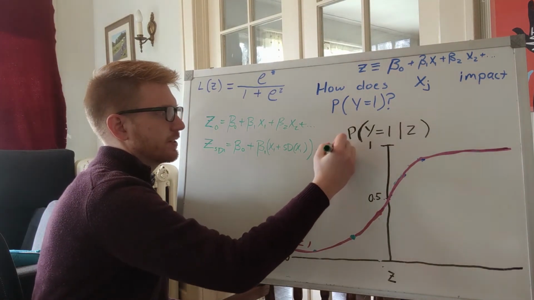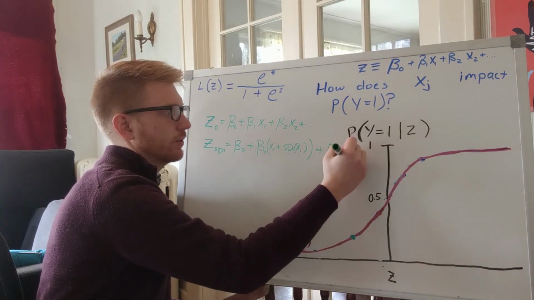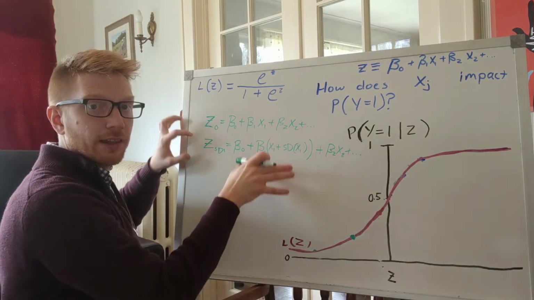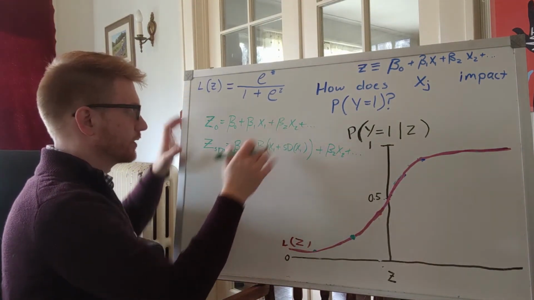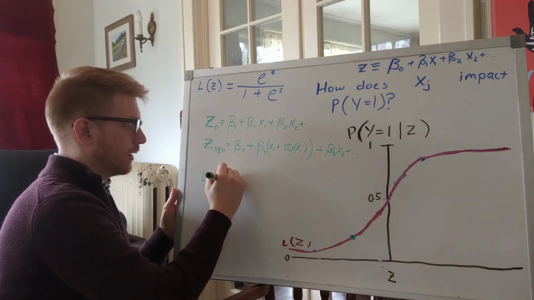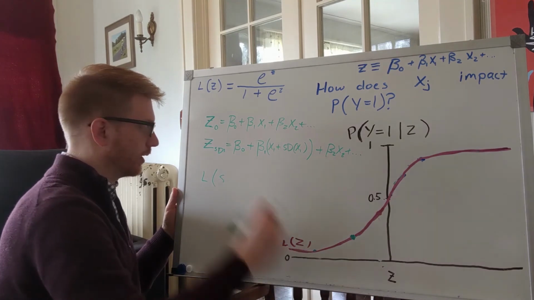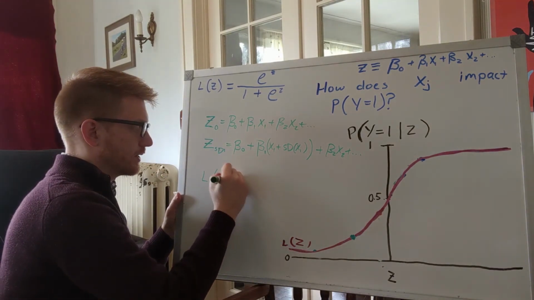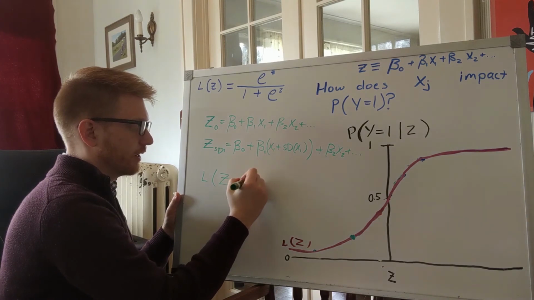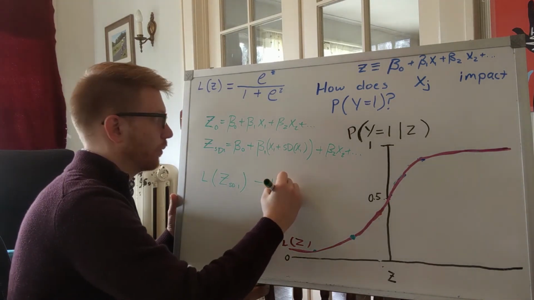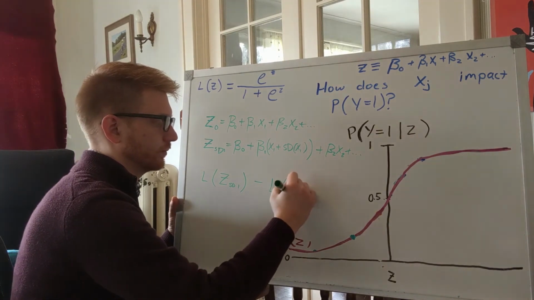We still have the same values for x2 and onward. We can calculate the probabilities for both of these, and we can compare how the probability looks when we've done this increase in our standard deviation for x1 versus where it was originally.